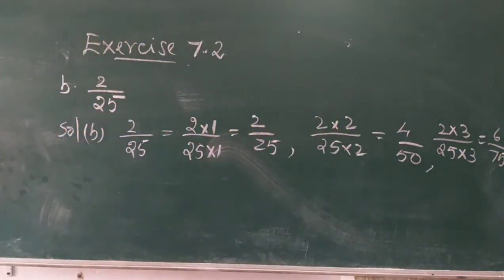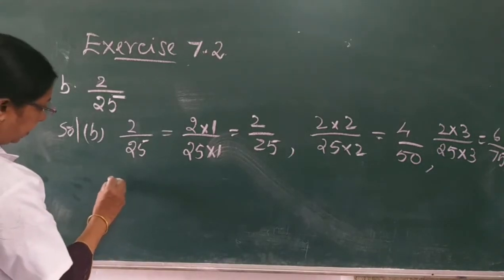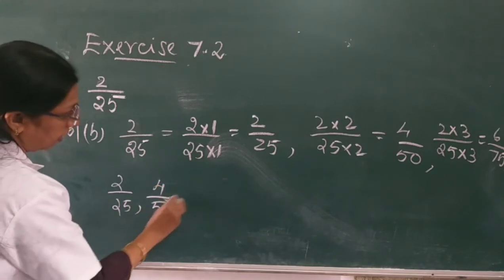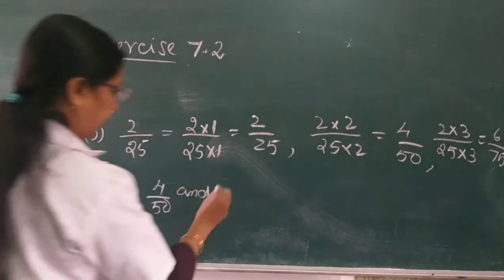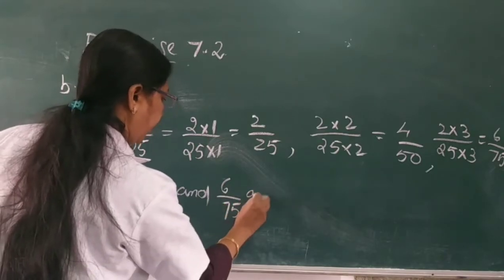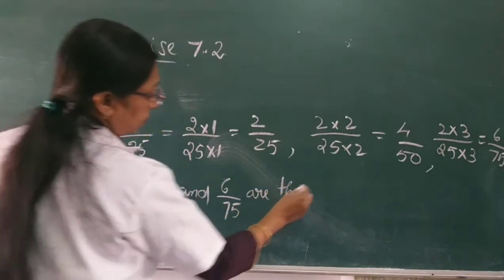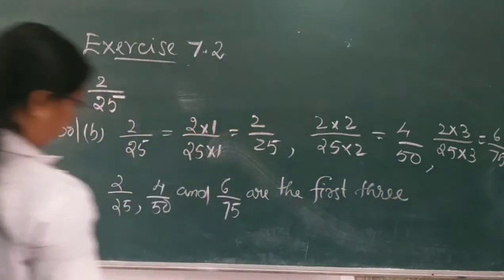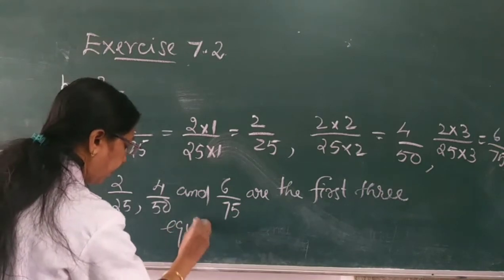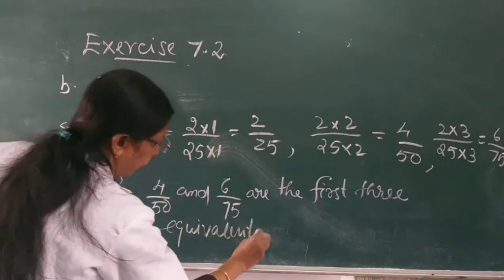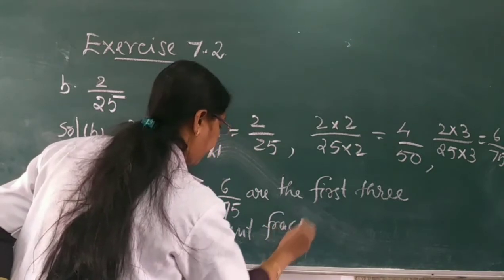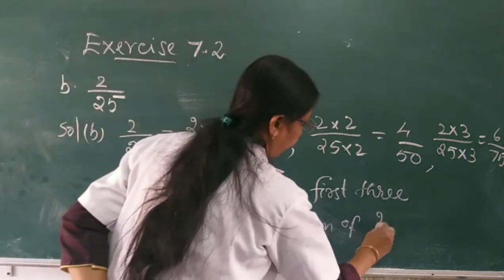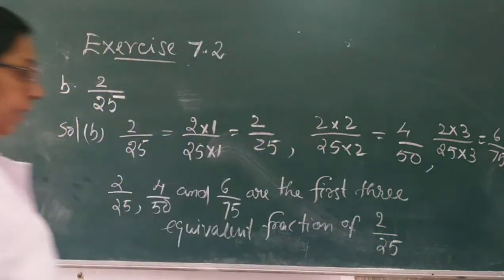Now we can write 2 by 25, 4 by 50 and 6 by 75 are the first 3 equivalent fractions of 2 by 25.